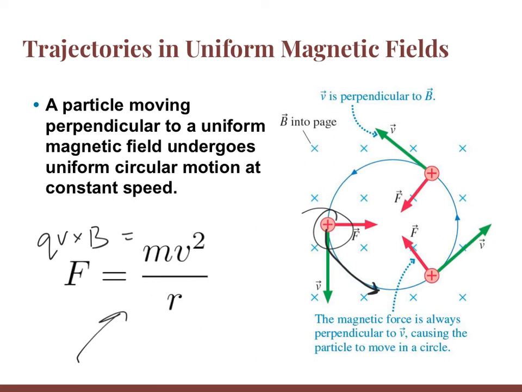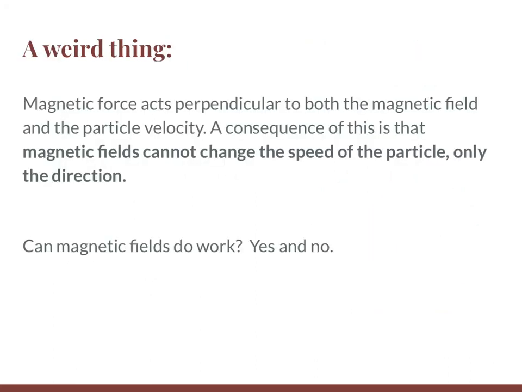All right, so last peculiar thing before I let you go work on some homework is that the magnetic force acts perpendicular to both magnetic field and particle velocity. That's the thing from the cross products in the right-hand rule, which means that magnetic fields can't change the speed of the particle, only the direction. And that's because we said velocity is always going to be perpendicular to force.